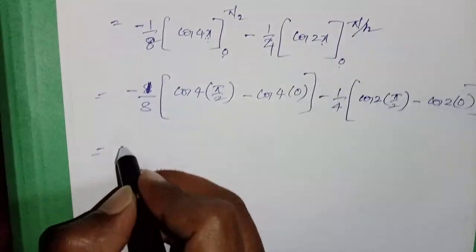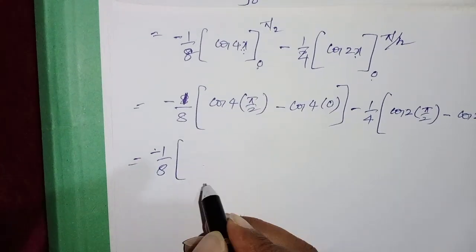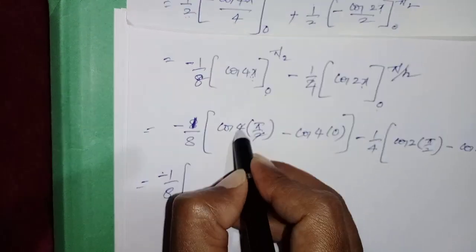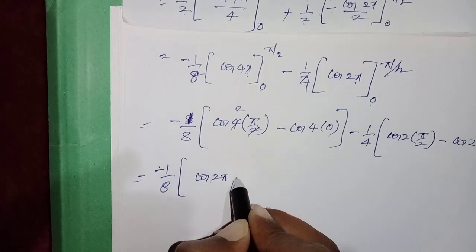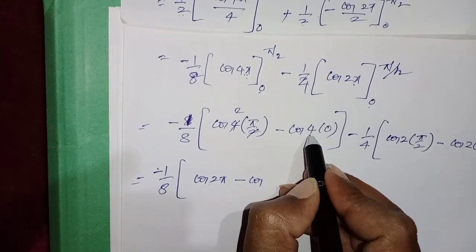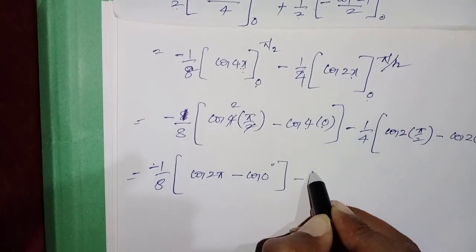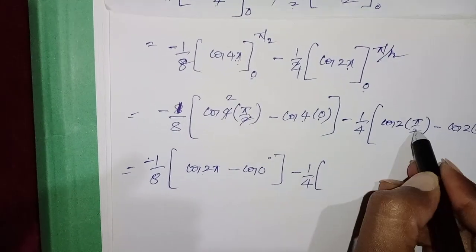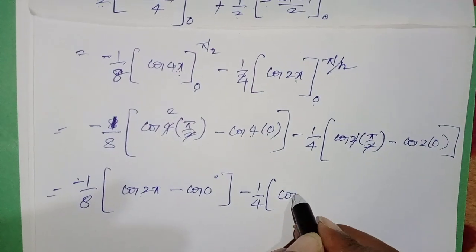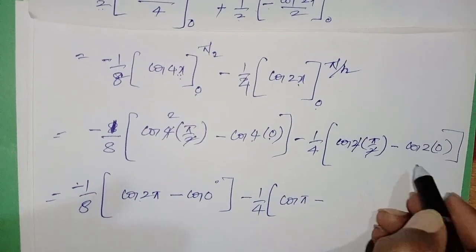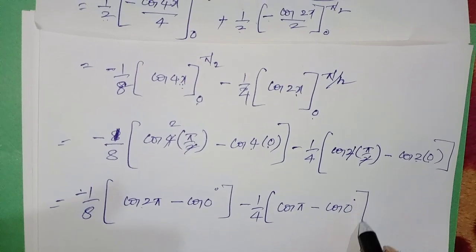That is equal to minus 1 by 8 whole into cos 2 pi minus cos 0, minus 1 by 4 into, here 2 gets cancelled, remaining is cos pi minus cos 0.